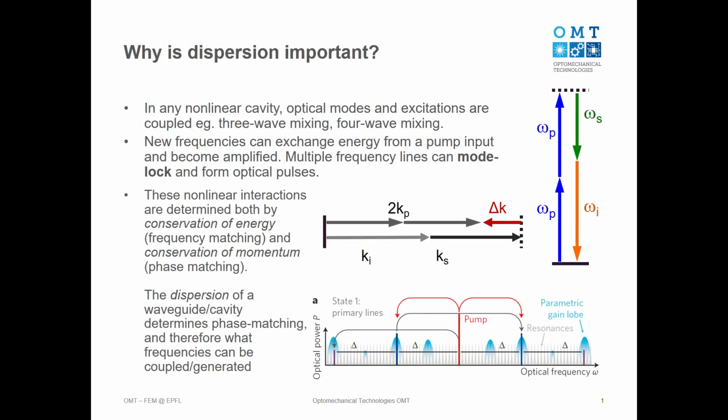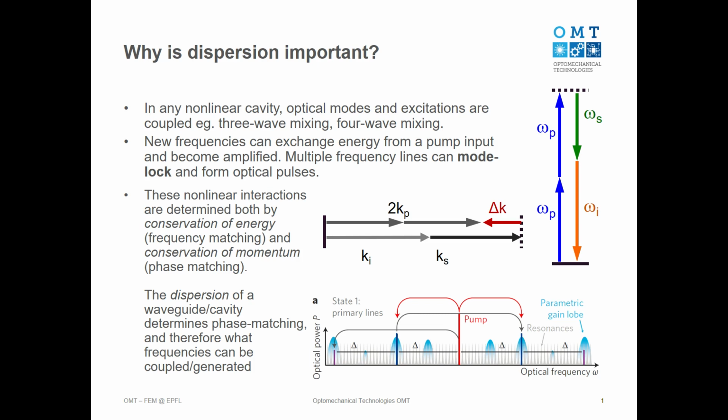So basically, if you have coupled optical modes in a cavity, for example, their coupling is mediated by these two conditions. Obviously, conservation of energy. In this example, a four-wave mixing example, you have four interacting optical modes. For them to interact, they have to have energy conservation.